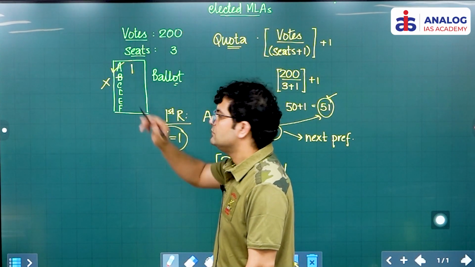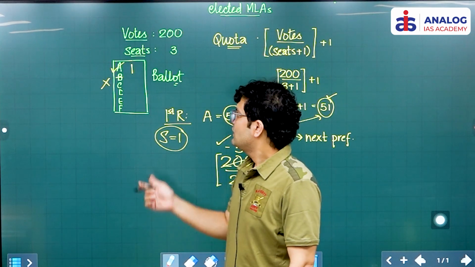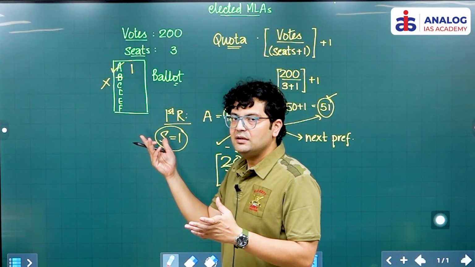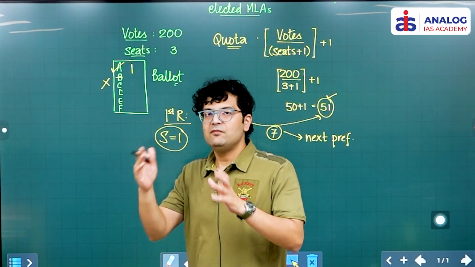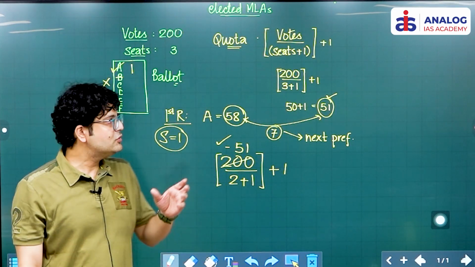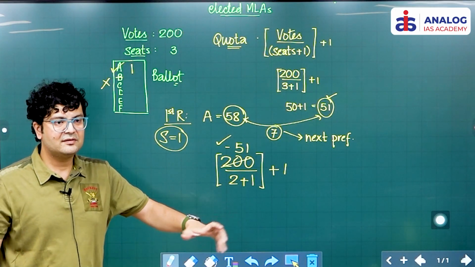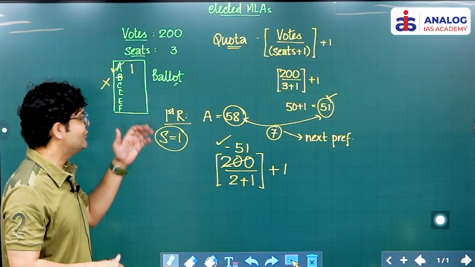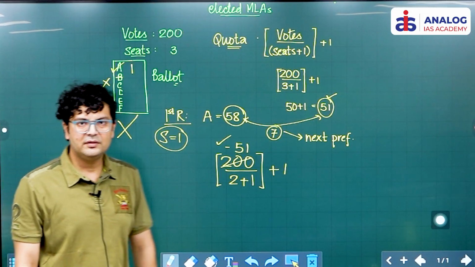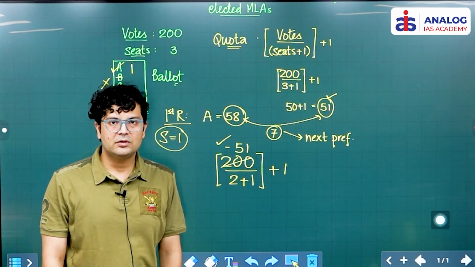First choice A, only choice A. After this vote is allocated to A, let's say A has already won. Now this is an extra vote A received. Even if we want to transfer this vote to somebody else, there is no possibility because there is no second option. So these votes are declared exhausted. The task is over for the vote.